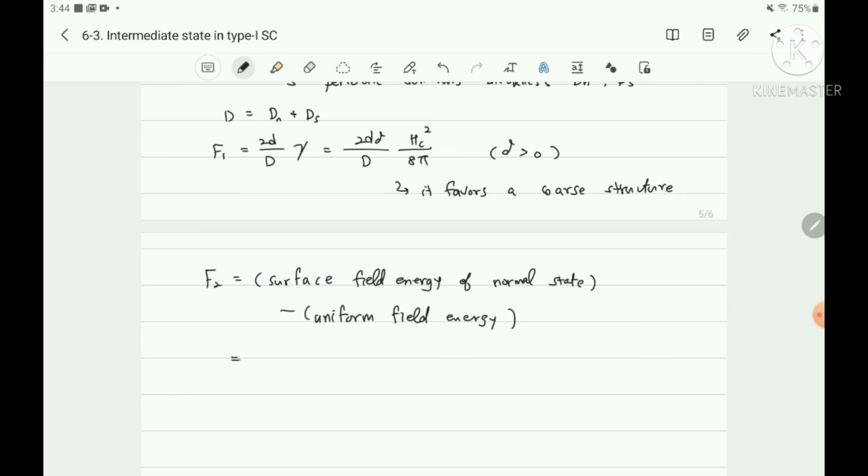Here let's denote that rho n is the volume fraction of the normal state, and the normal field energy Hn square over 8 pi is the normal state field energy, and also minus the uniform field energy.